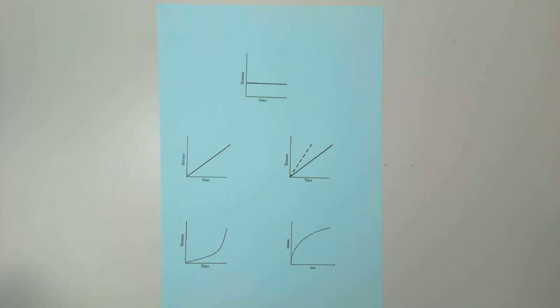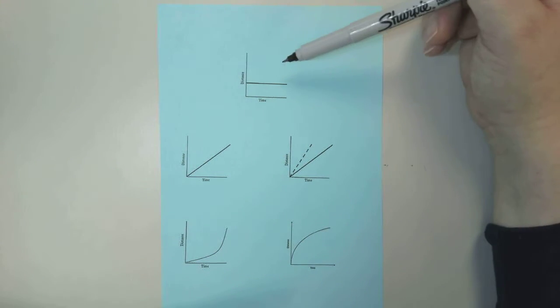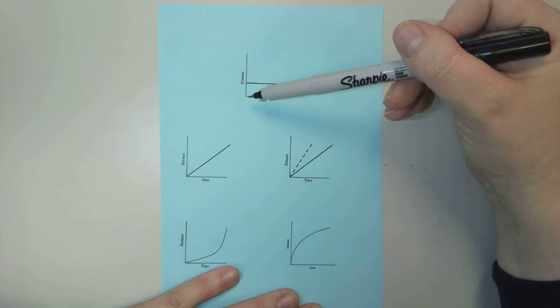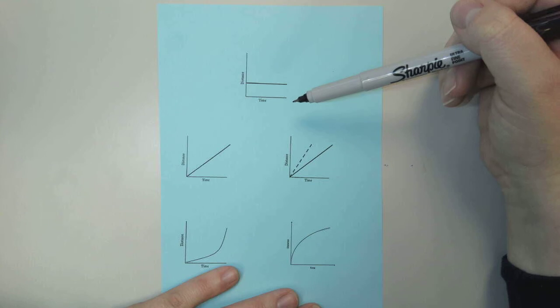Now, you did create both a position time graph and a distance time graph in the last video. Here we're going to look at, if we were given the distance time graph, how would we know what the object is doing? So in this case, if we look at the top one, we always have distance on the y-axis, time on the x-axis.